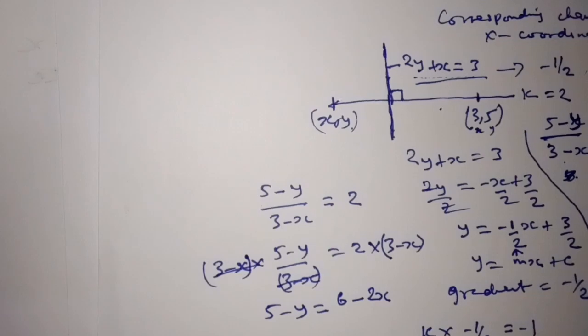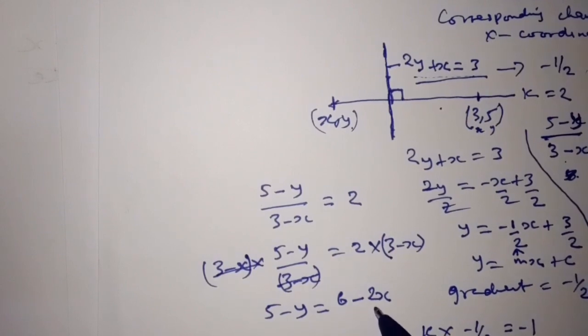So we want to find the equation of the perpendicular line. So now we can say 5 minus y is equal to 6 minus 2x.